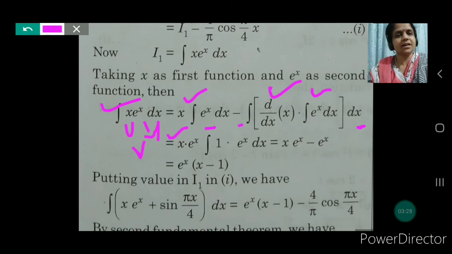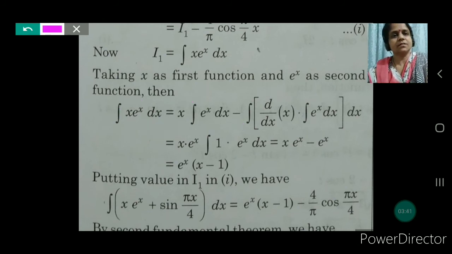You will get x e raised to x. Okay, and here take minus sign. Okay, and now derivative of x is 1 and integration of e raised to x is e raised to x as it is. So you will get x e raised to x, then minus e raised to x.